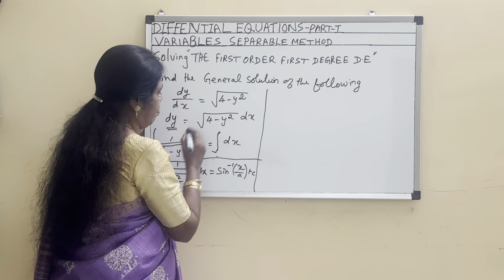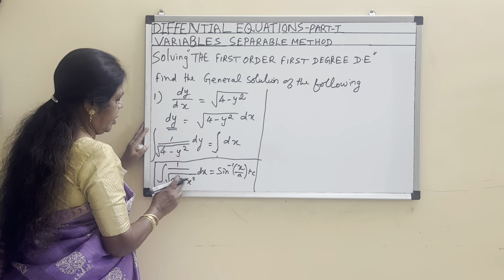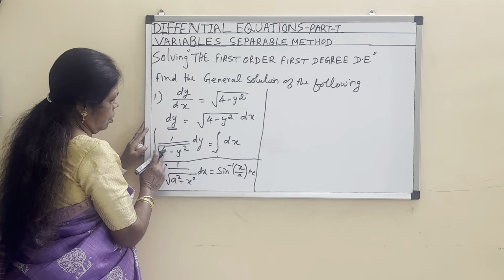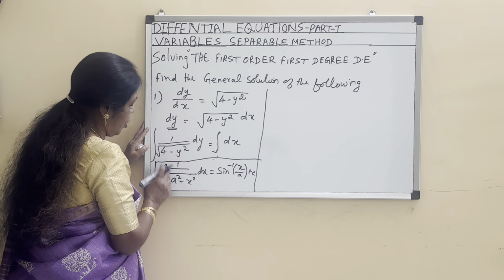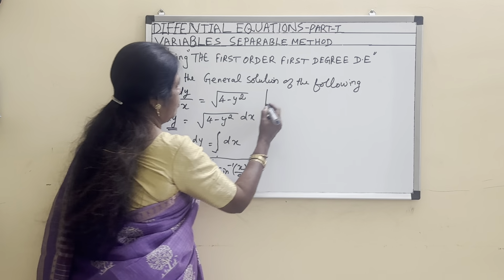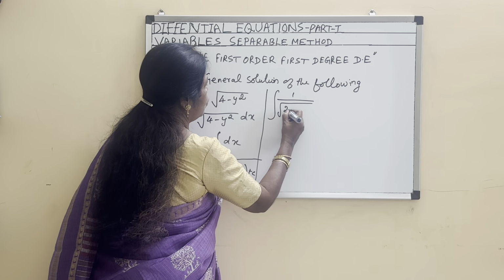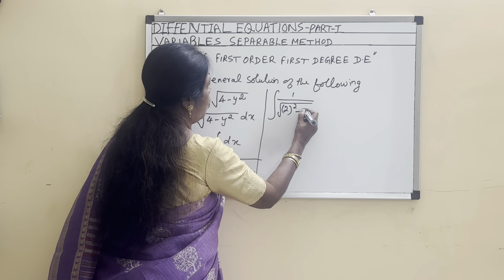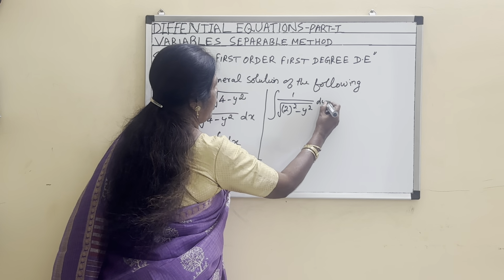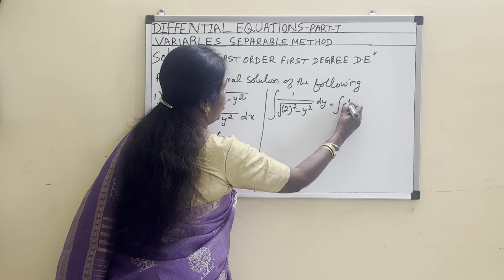Now I will apply the formula. In the place of a you have 2. So I can write this as 1 by root of 2 square minus y square into dy equal to integration of dx.